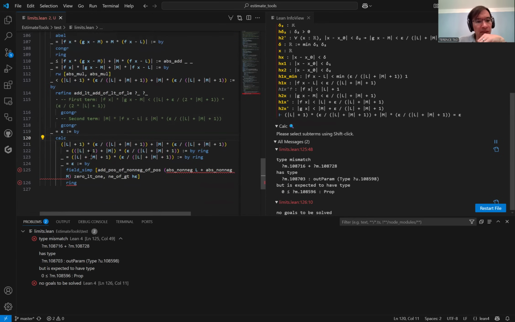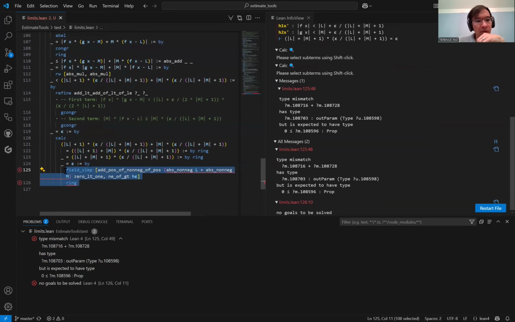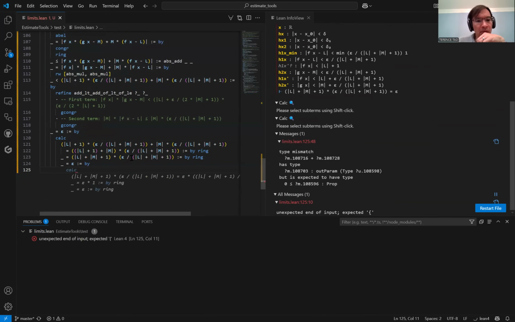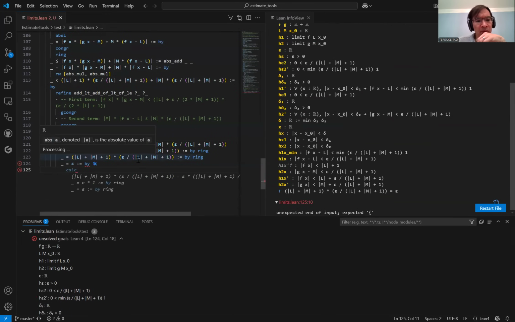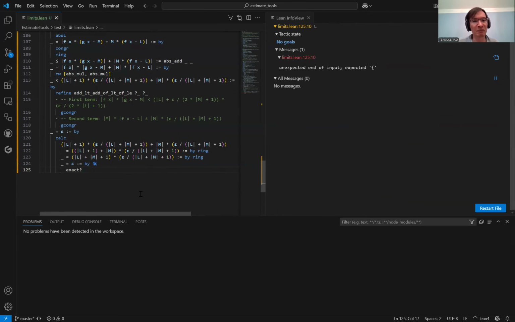All right, so it actually got as far as this. This should just be a Mathlib library tactic. Let's see. I'm really lucky. Look, that actually could be the right tactic.